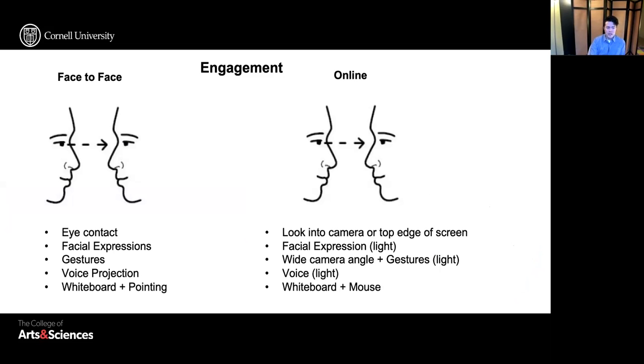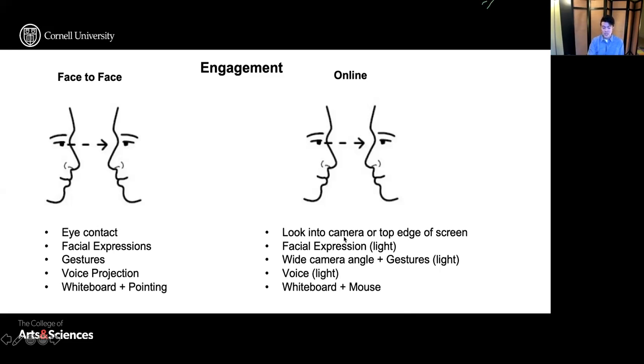If we look at the left-hand side where we talk about face-to-face instruction, we see eye contact, facial expressions, gestures, projecting your voice to get students' attention, or whiteboarding and pointing to items on a screen. These are things that you would do normally in a classroom setting that slightly change as you move over into the online setting or through a solution like Zoom, what we're using today.